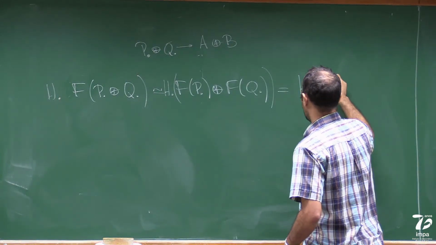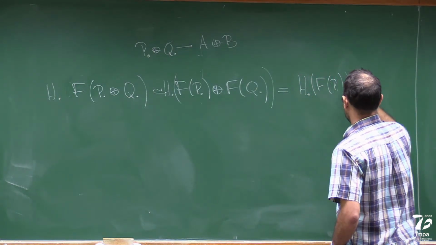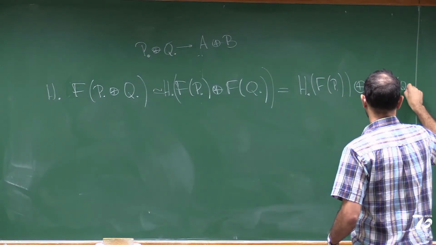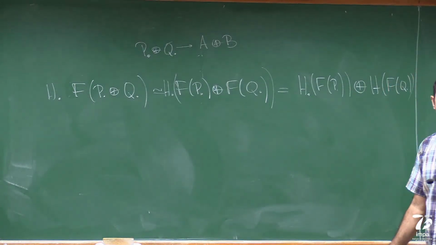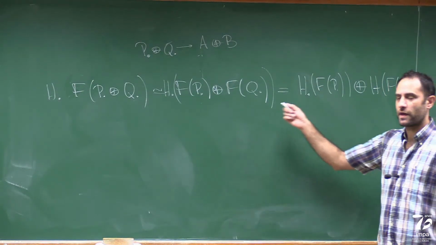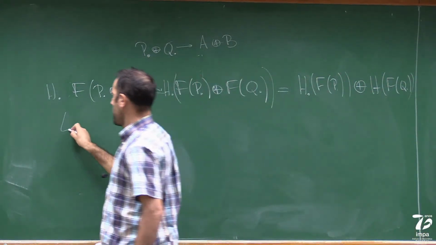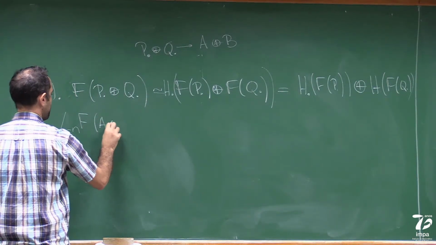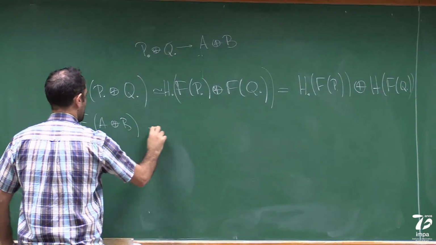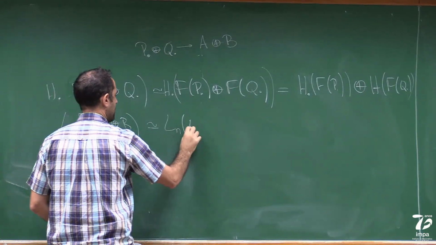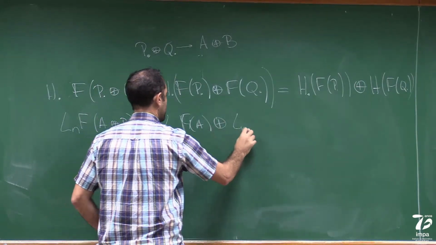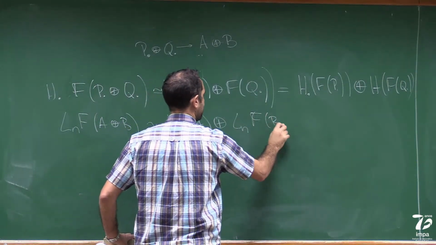So this is the homology of F of P plus the homology of F of Q. So taking the degree n part, you get that L_n F of A plus B is the direct sum of L_n F of A plus L_n F of B.